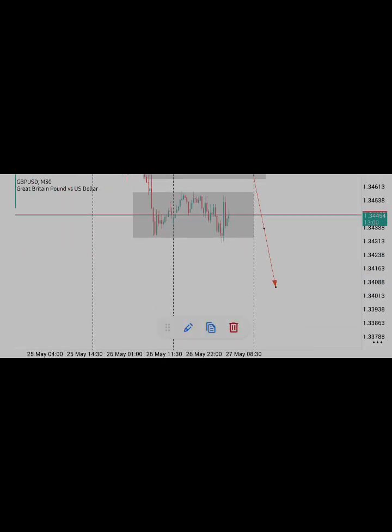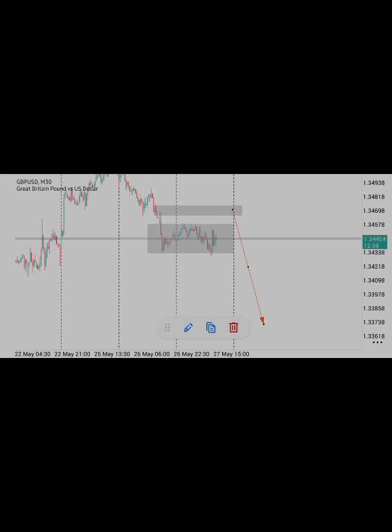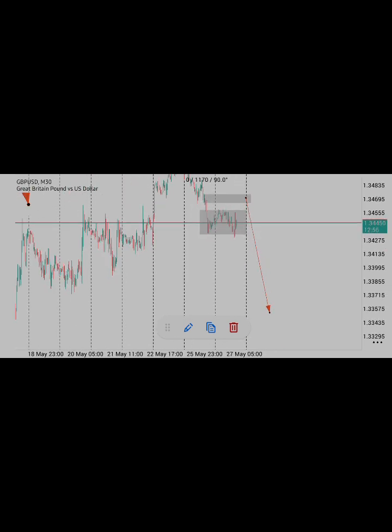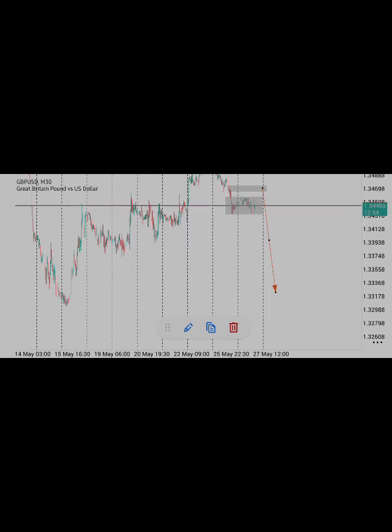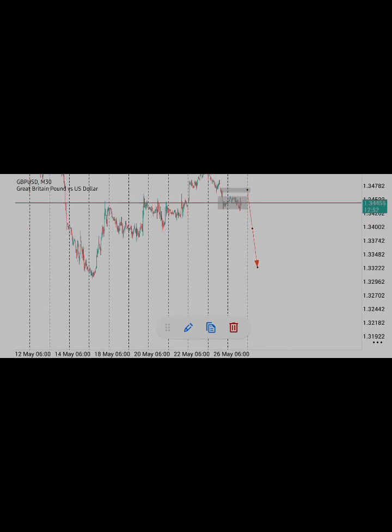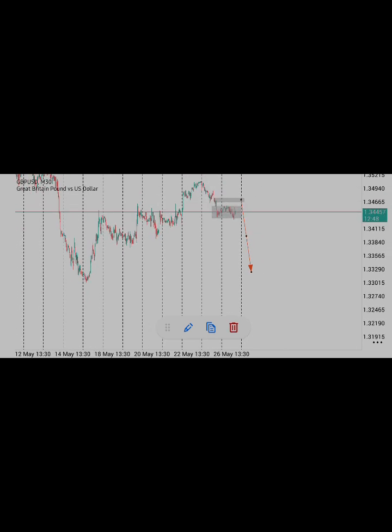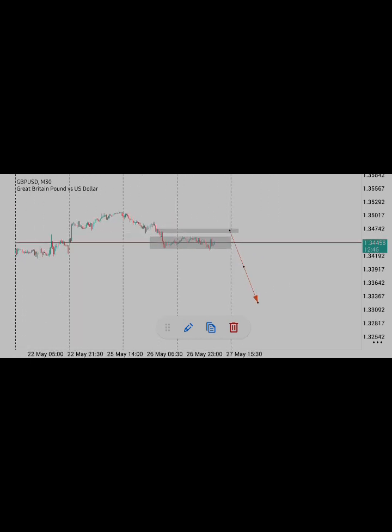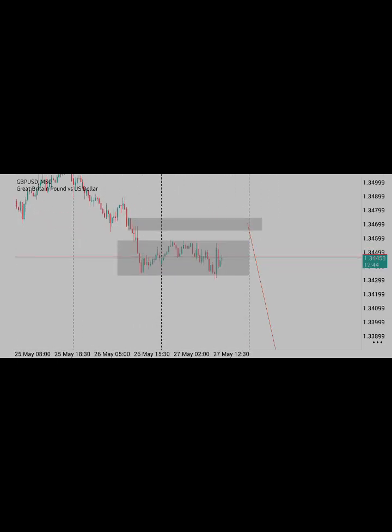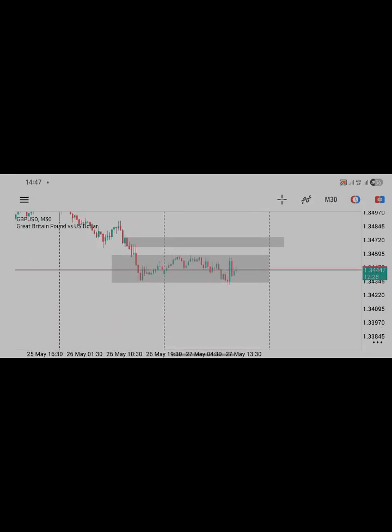From this zone, we'll have the market flush down. But already there is enough room for GBPUSD to dump. All right, the market is bearish, so all you just need to do is look for sell opportunities.